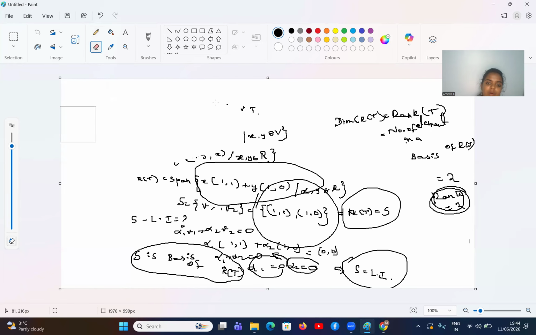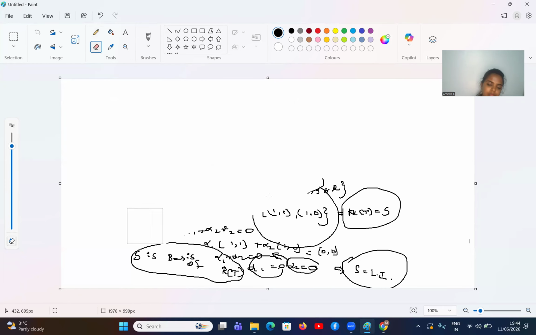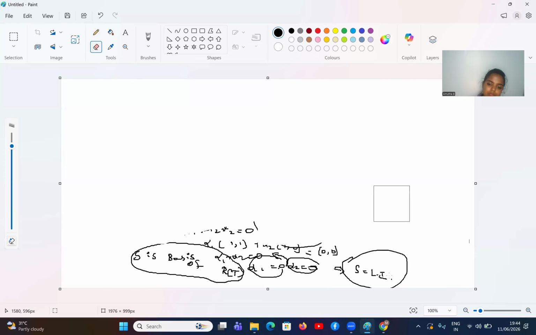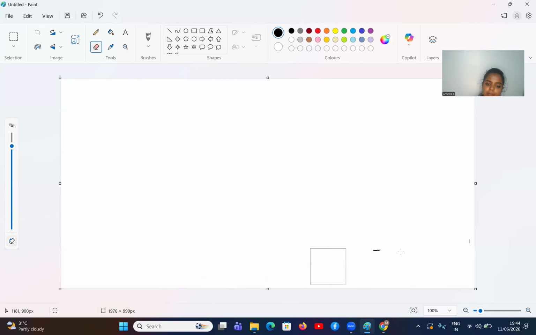Before that, we have to know about N of T. So what is your N of T? N of T has one formula, right? I have given it in the first slide.